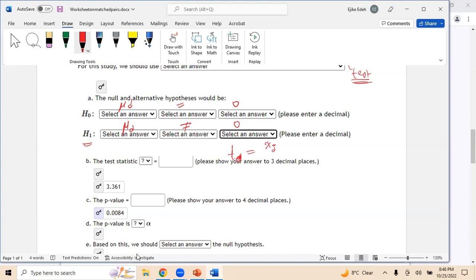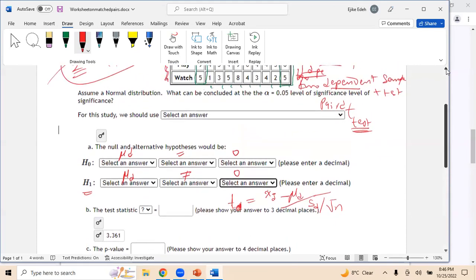Note that what you have here is the mean of the difference in the sample, minus the mean of the difference in the population value, divided by the standard deviation of the difference all over the square root of n, right? Just the same as what we have, but now you're dealing with the difference. And so let's go to the data and actually put this in practice, see how we calculate this, okay?